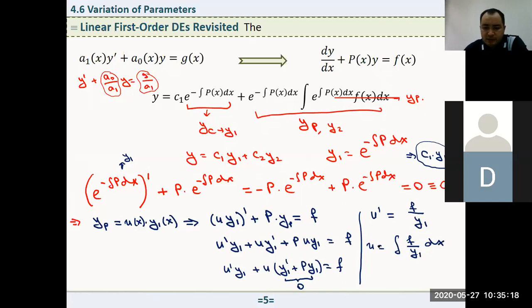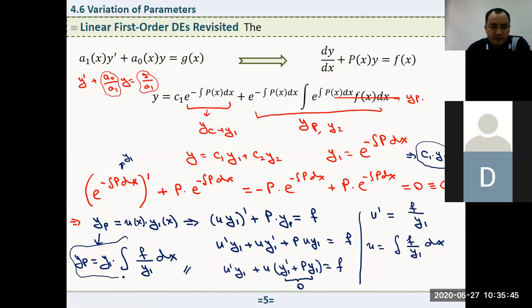Okay. So now if I substitute here, we were looking for this y sub p, and this particular solution will be u times y1. So here we have y sub 1 times, what is u? u equals this. So that is integral f over y sub 1, and here we have dx.